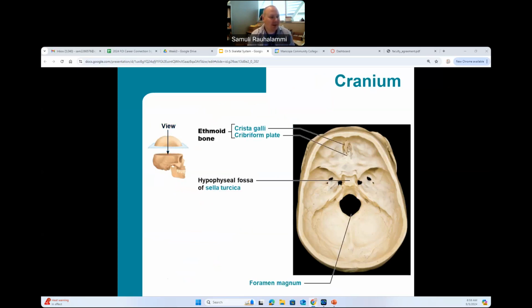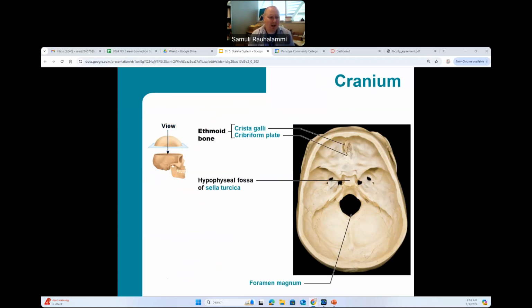We discussed the cribriform plate earlier on, so I think those are nice to see there. And we can also see the sella turcica there. I've labeled the foramen magnum too, although I think that's an easy one to spot.